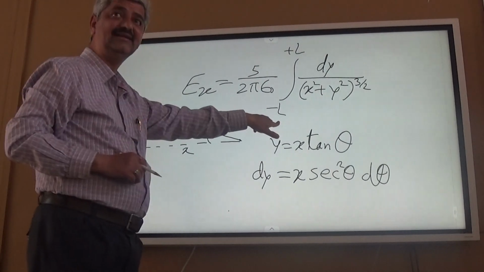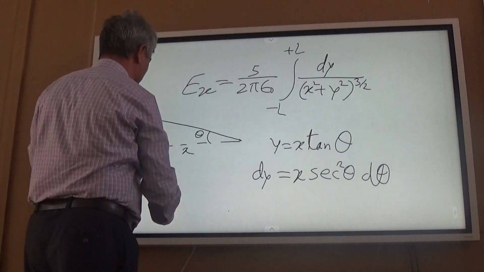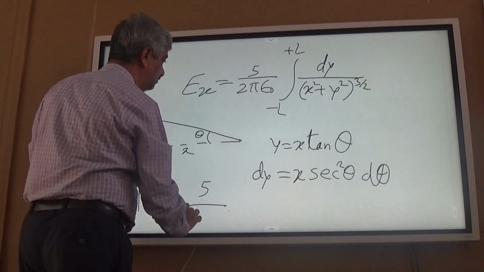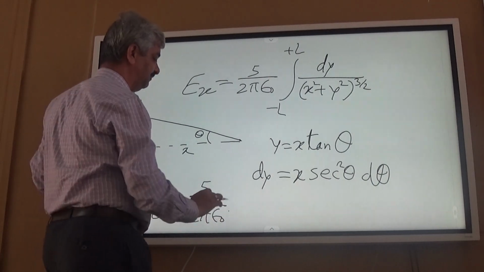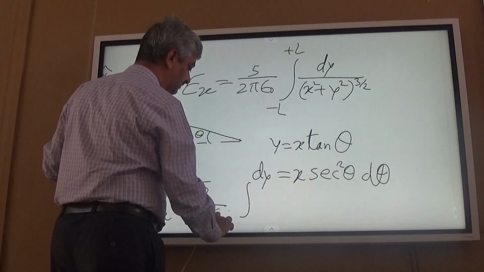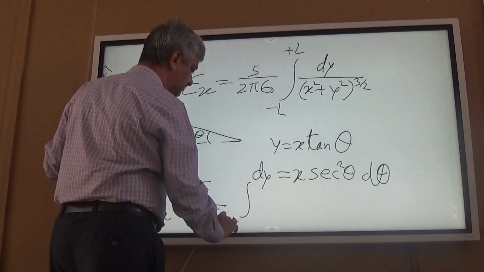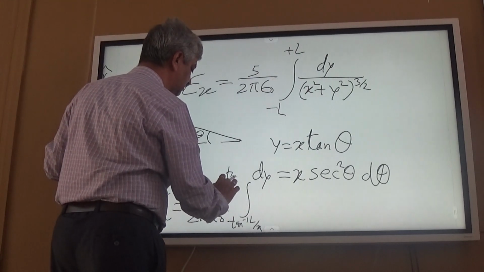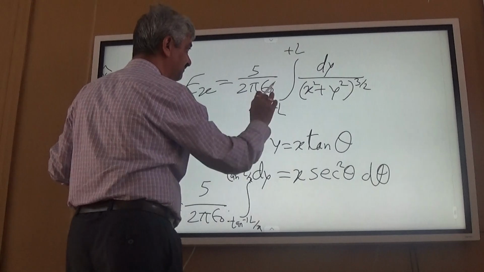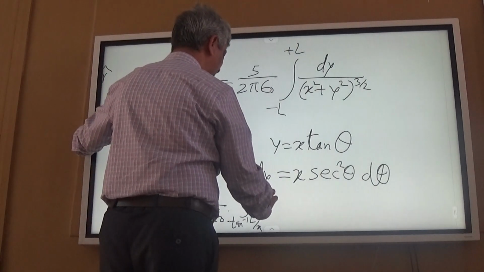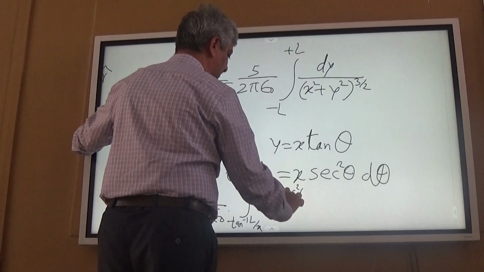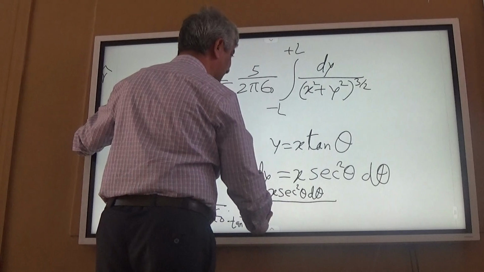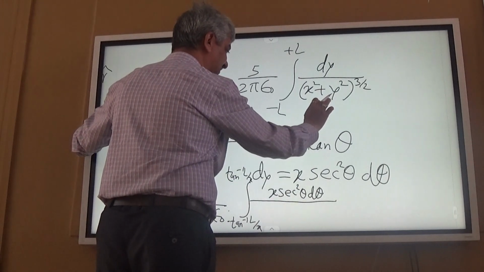लिमिटला, राईट. So what is the integration change as? Ex is equal to 5 upon 2 pi epsilon naught. Limits are minus tan inverse of L upon x to plus tan inverse of L upon x. What is dy? dy is x sec square theta d theta upon x square plus x tan theta square.